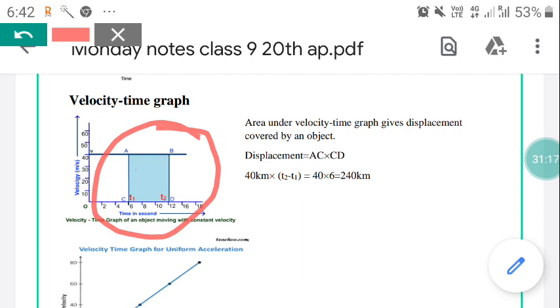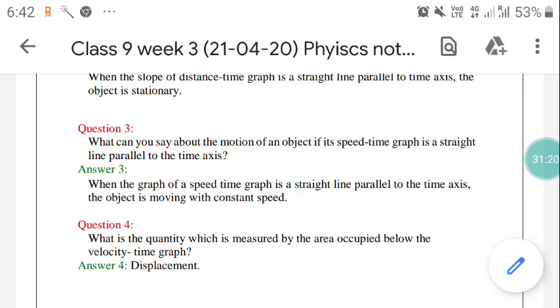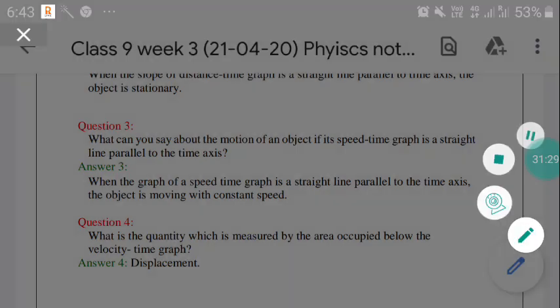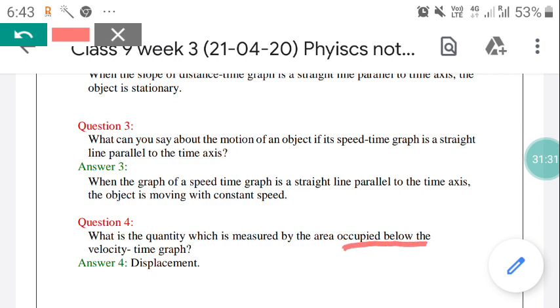I show you that question. Wait. What quantity is measured by the area occupied below the velocity time graph? So it will be displacement. The area of a rectangle in the velocity time graph gives us the value of displacement.